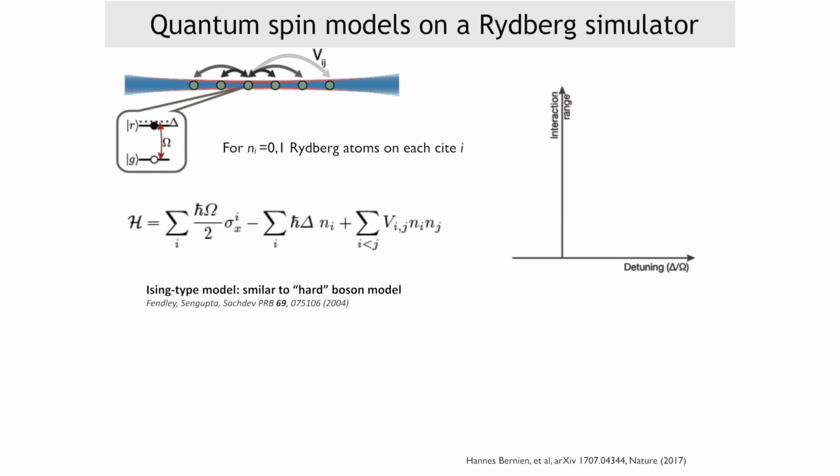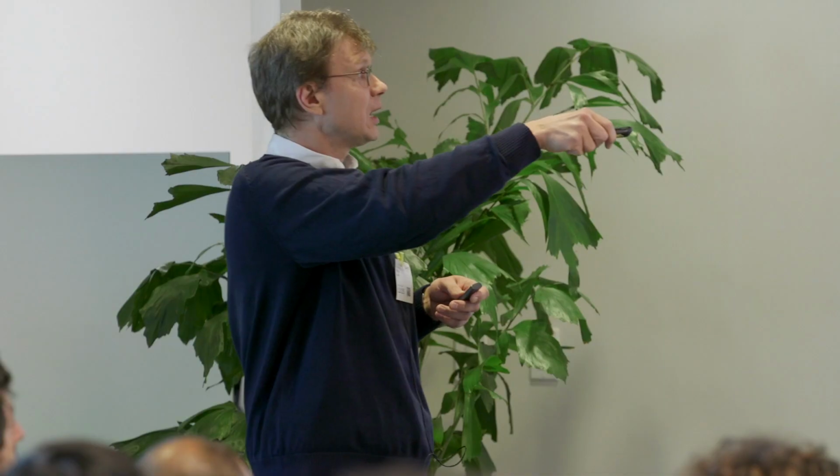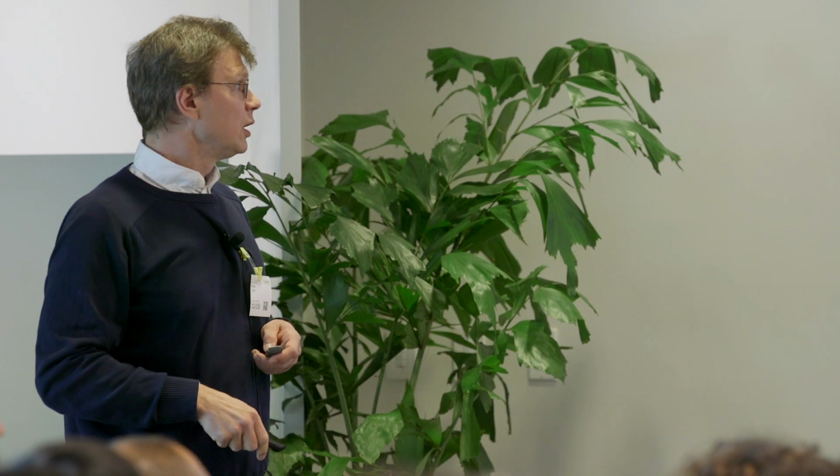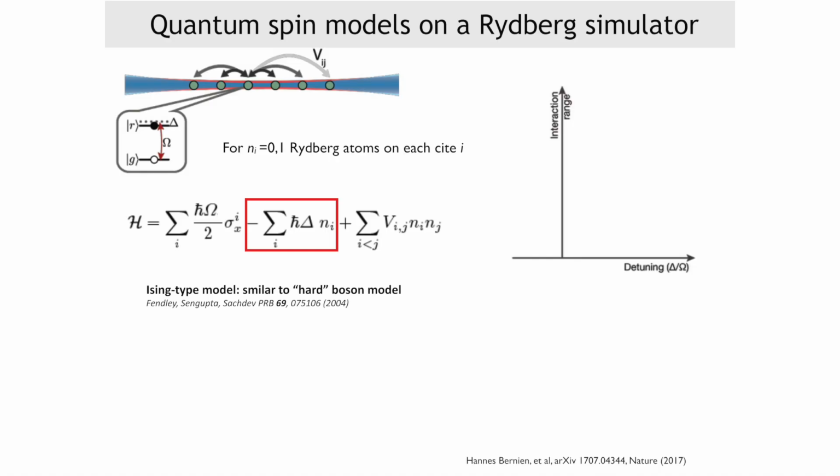One of them is the detuning of the laser, which is basically a chemical potential, and the other is the effective interaction range. If you just focus on the detuning, it's very clear that depending on the sign, you would like to have either all atoms in the ground state or all atoms in the excited state.